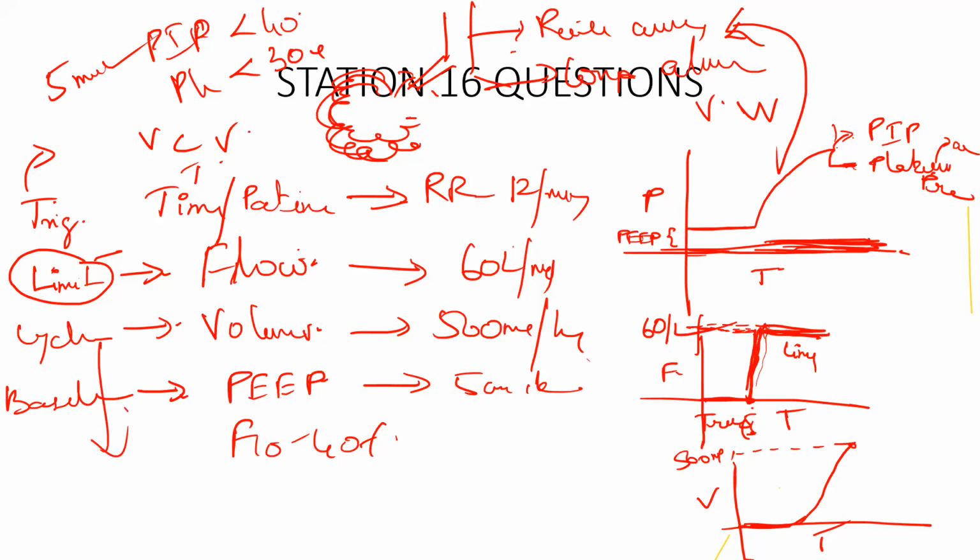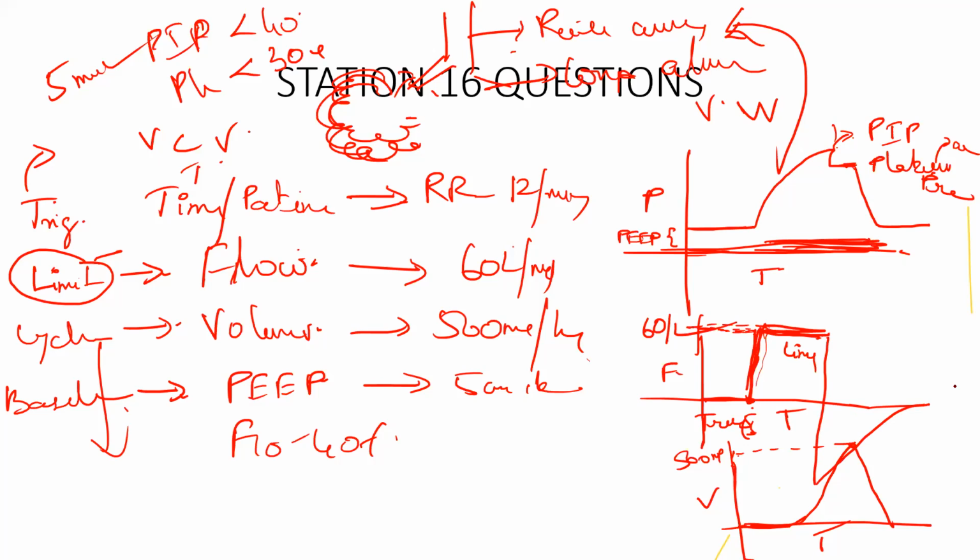The cycle is decided by the tidal volume that is set. So when the cycling time is reached, the flow will reduce, the airway pressure will drop to the baseline PEEP, the volume will come down, and the expiration gets completed. Clear?